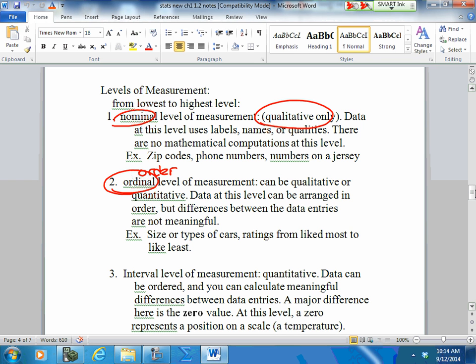Any rankings. Sometimes you see a survey and it will say, and I hate these, least likely, most likely, somewhat likely. So those are ordinal. It's kind of ordering this. They're really tough ones to get because if I somewhat like this, how is that different from least likely?